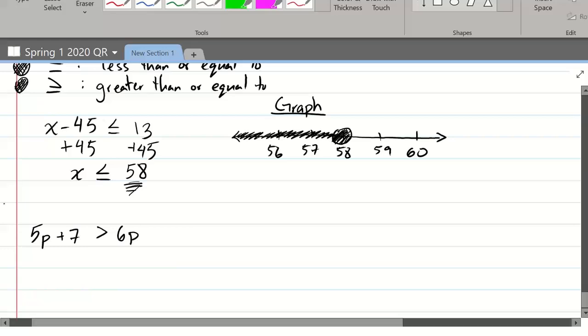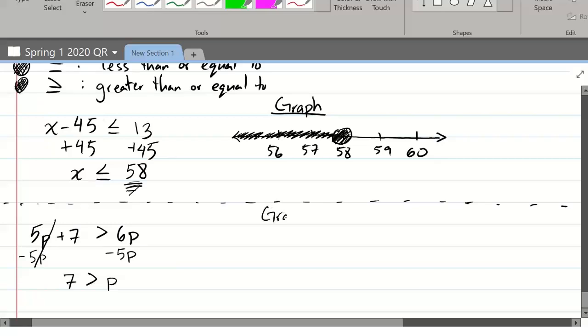But it works out for us, so let me make some space. It works out for us because we want to move the smaller of the two variables, the smaller count. So 5p is on this side, so we get rid of 5p, move it over here. It's gone. 7 is greater than 6p minus 5p, which is just p. 7 is greater than p.